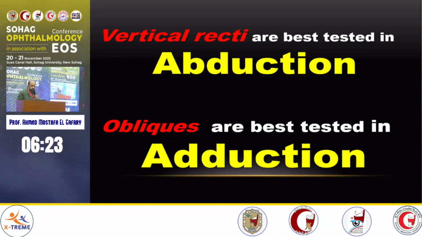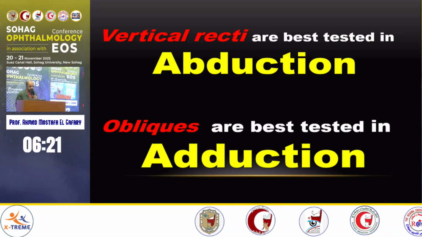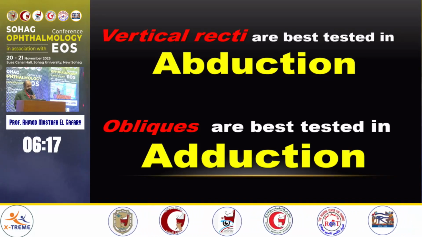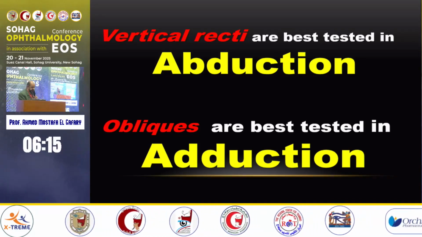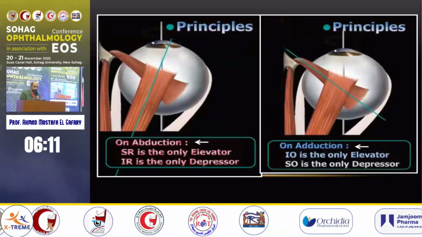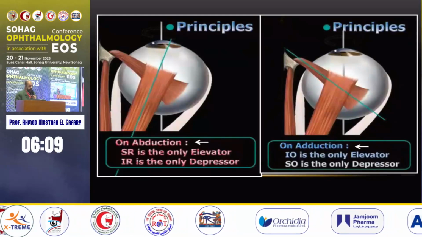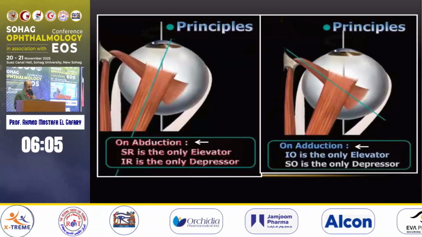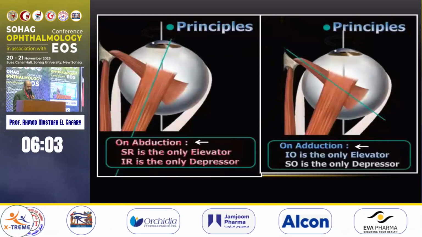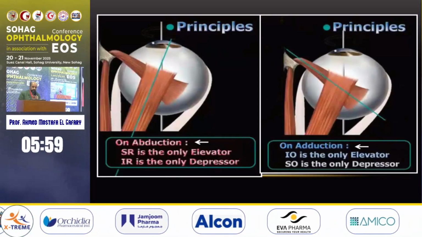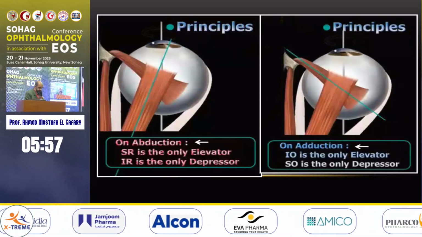All of us know that the vertical recti are best tested in abduction and obliques are best tested in adduction. So on abduction, superior rectus is the only elevator, inferior rectus is the only depressor. And on adduction, inferior oblique is the only elevator, and superior oblique is the only depressor.